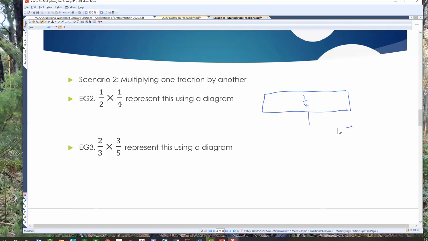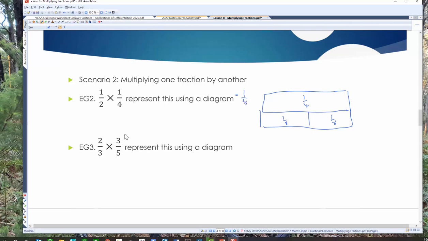Well, let's have a look. Half of a quarter is going to be an eighth. So 1/8 plus 1/8 is 2/8, and 2/8 is the same as 1/4.